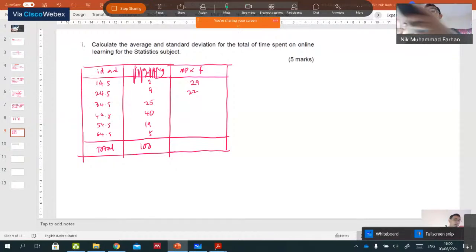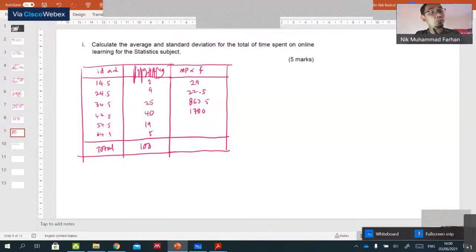Okay, darab 40. 1780. 54.5 darab 19. So 1035.5. Baik, next one adalah 64.5 darab 5. So kita dapat 322.5.